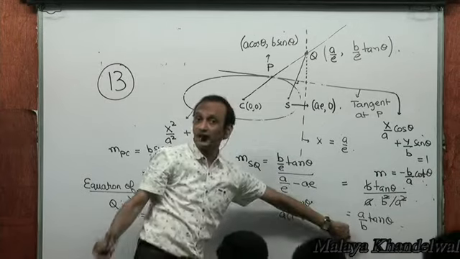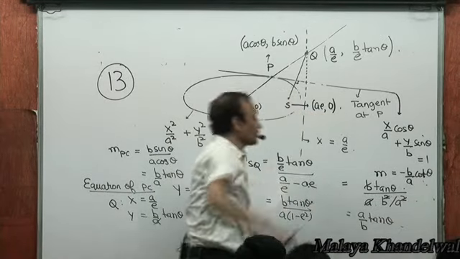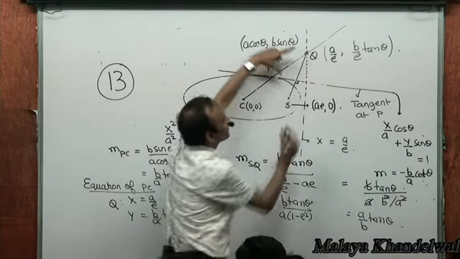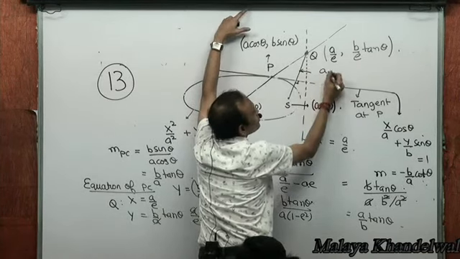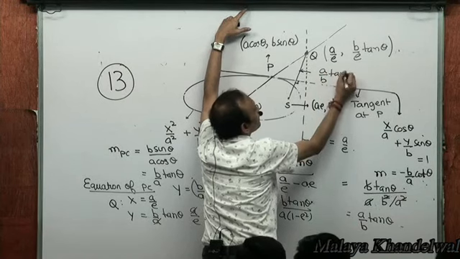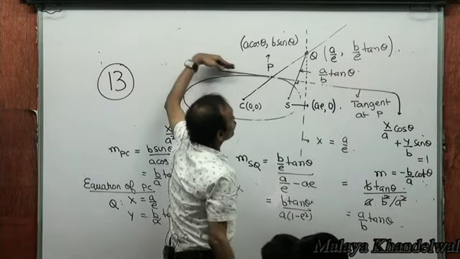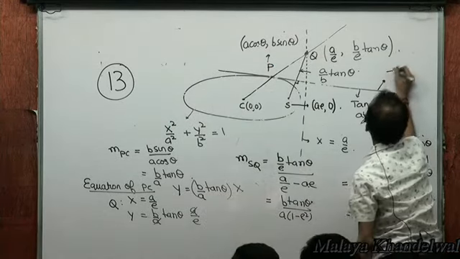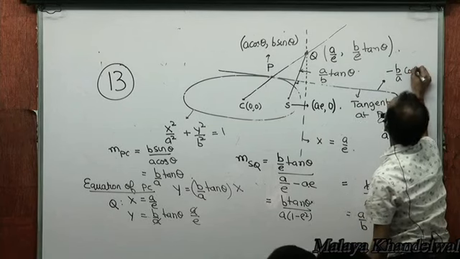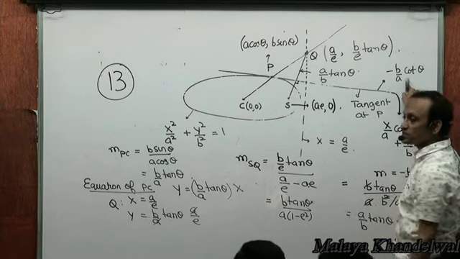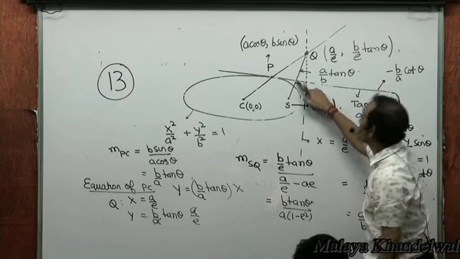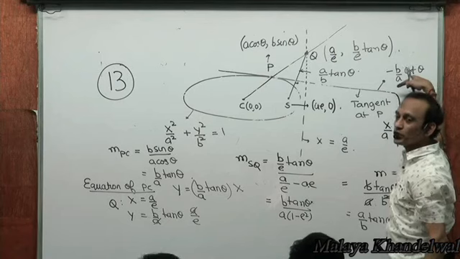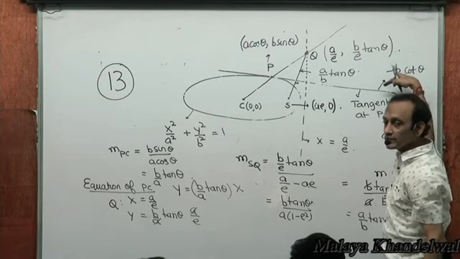So the slope of SQ is a by b tan theta, and the slope of the tangent is minus b by a cot theta. The product of the slopes is minus 1. Therefore, SQ must be perpendicular to the tangent, right?